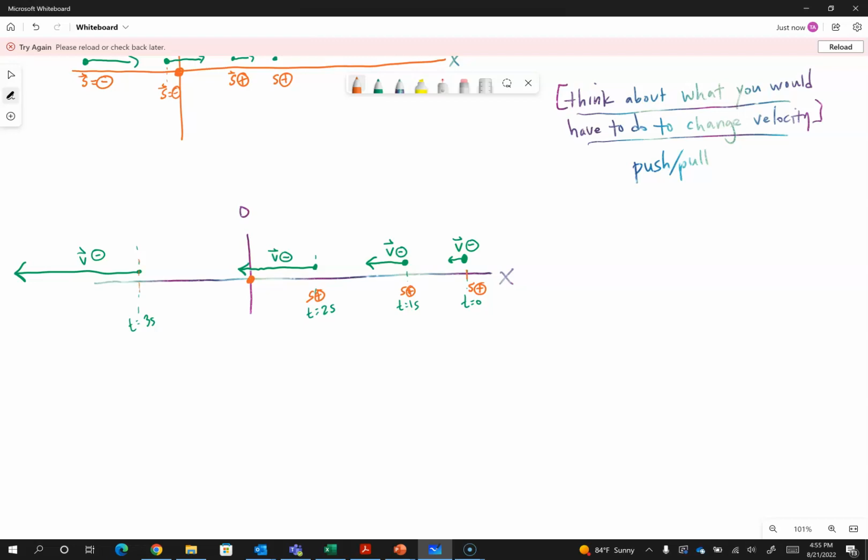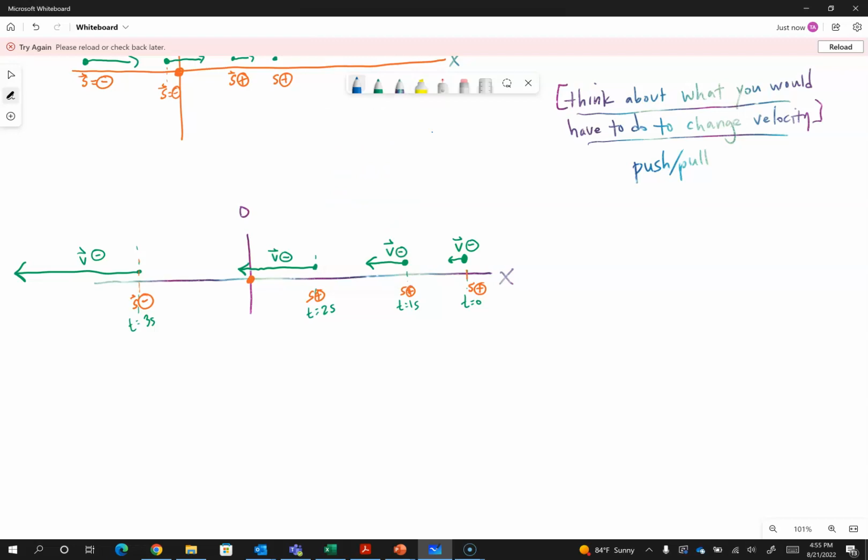Over here to the left, this position is negative simply because the object is now to the left of the origin. So velocity is negative in every situation simply because the object is heading to the left the whole time. Position goes from positive to negative because of crossing the origin. Now let's talk acceleration.